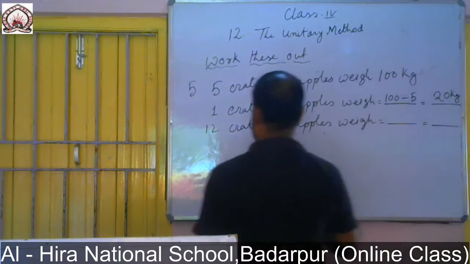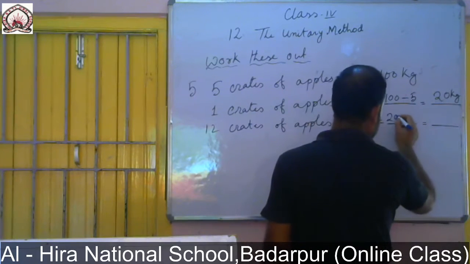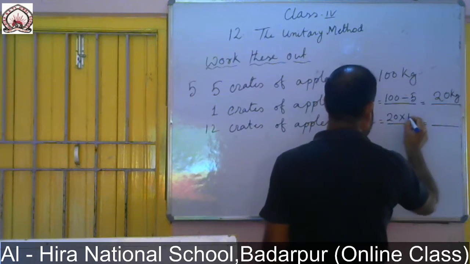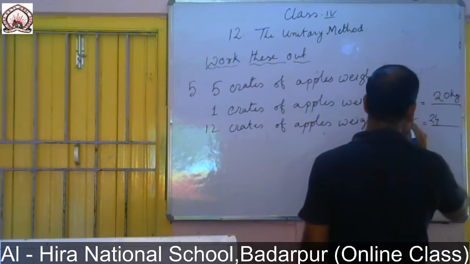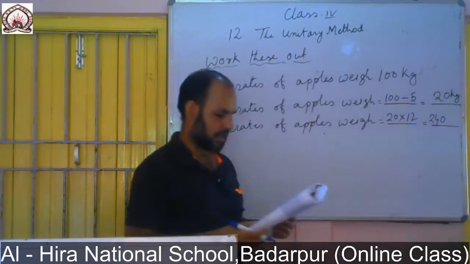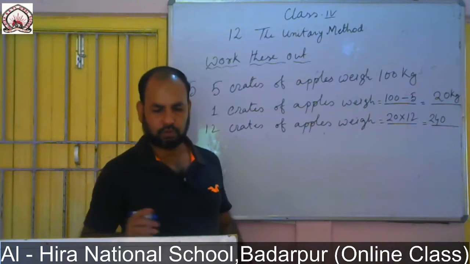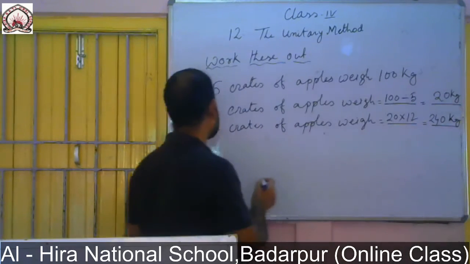Now 12 crates of apples weigh 20 into 12, which equals 240 kg. Next, question number 6.